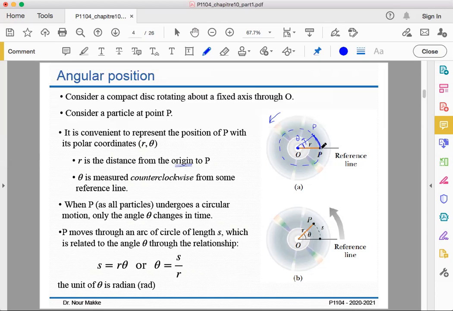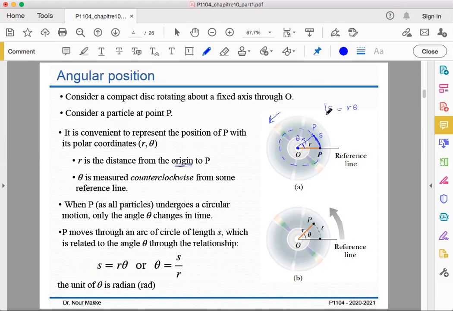And so we can say that the particle P moves through an arc of circle that we are going to call S. This arc of circle is related to the angle theta through the following relation. S is proportional to theta, and the coefficient of proportionality is the radius of the circle.